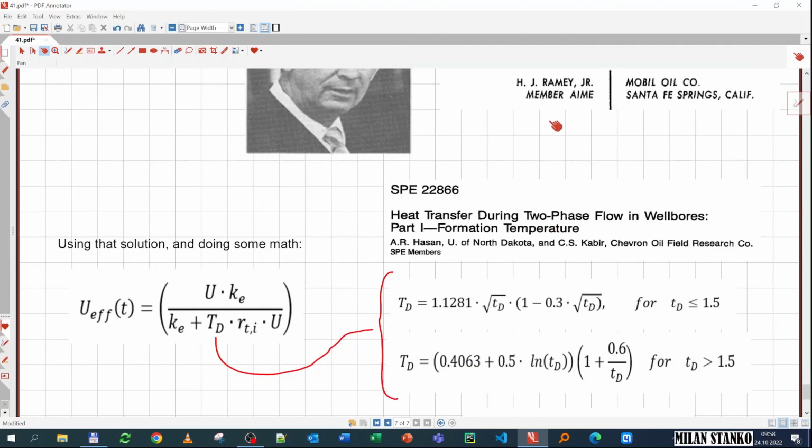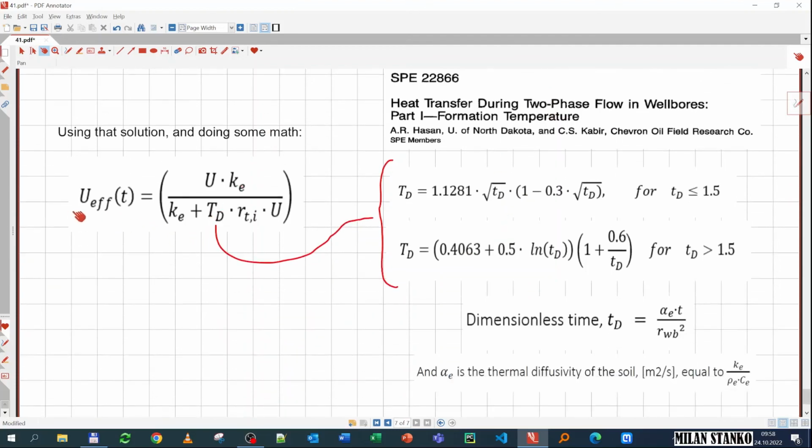We're not going to go through them here, but what ends up is that you can find an effective overall heat transfer coefficient, which is your original coefficient, neglecting the formation, times the thermal conductivity of the formation divided by the thermal conductivity of the formation plus the dimensionless time from this expression, the radius of the tubing, and the U. Remember this U was made in terms of that reference radius.